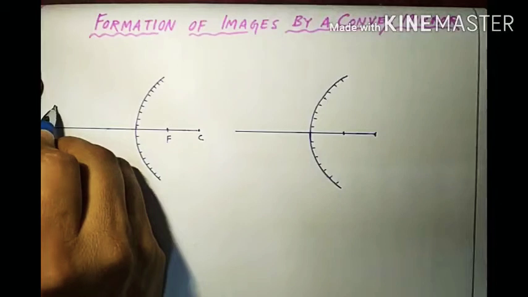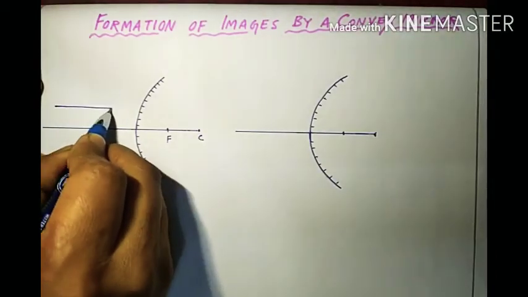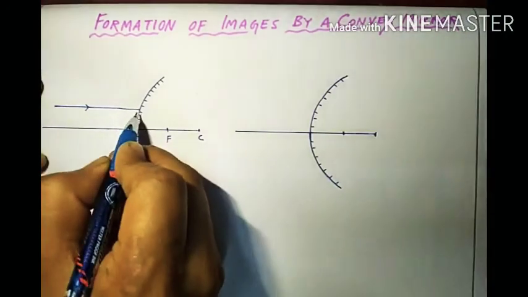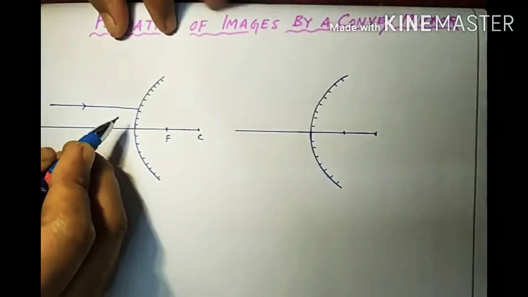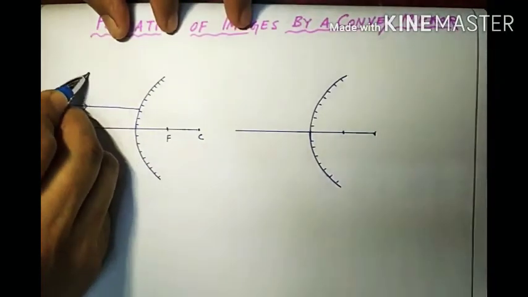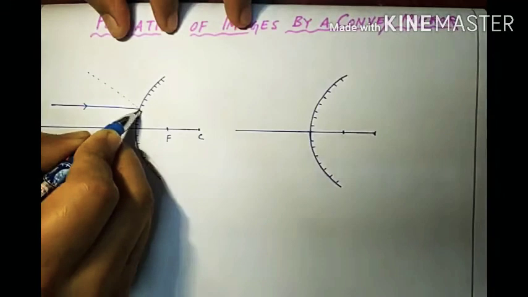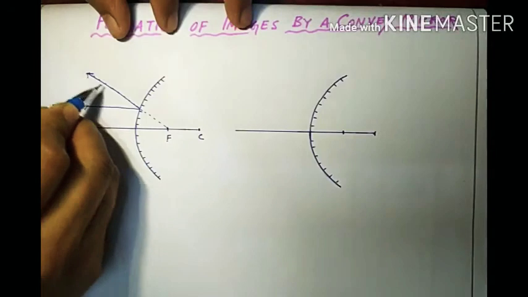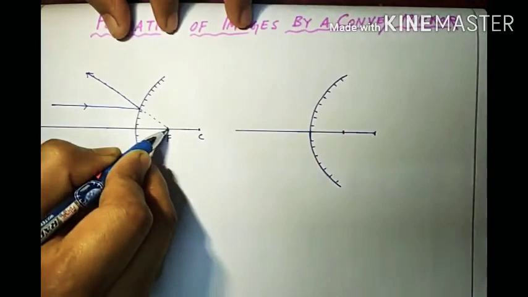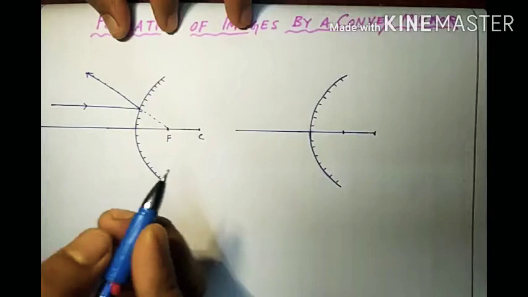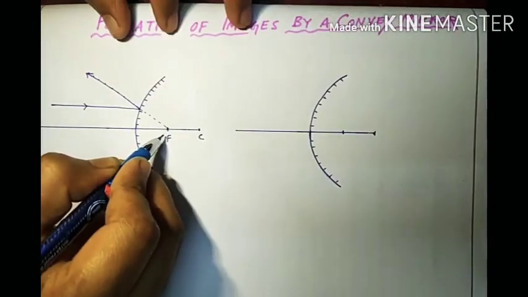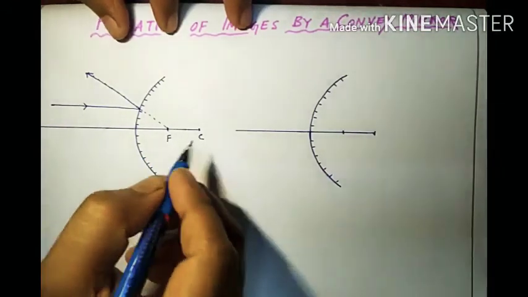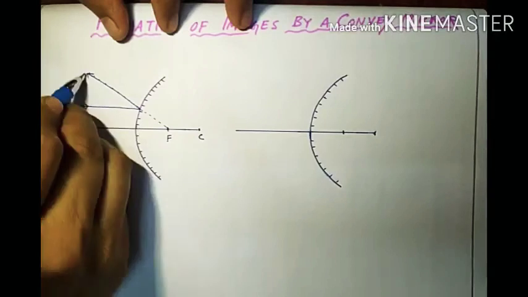Because we know a ray which is parallel with the principal axis, after reflection, will follow this direction like this one. It seems to appear that it is coming from this point. So this point is called the focus point for this convex mirror. This is the reflected ray.